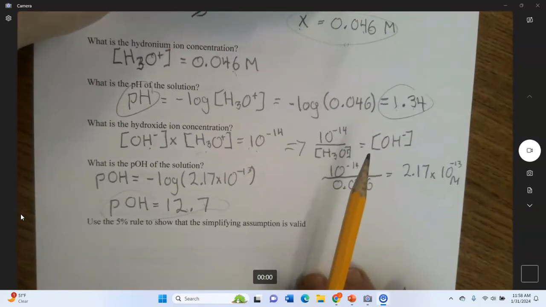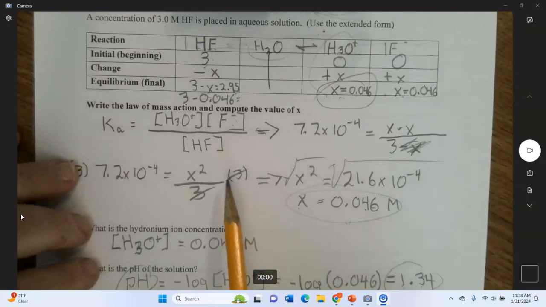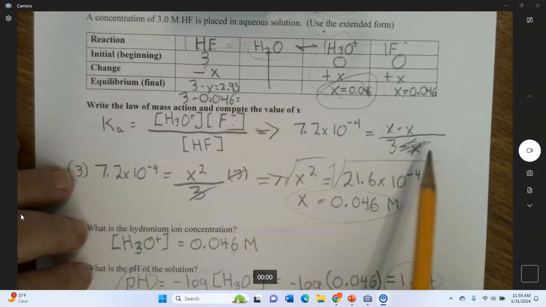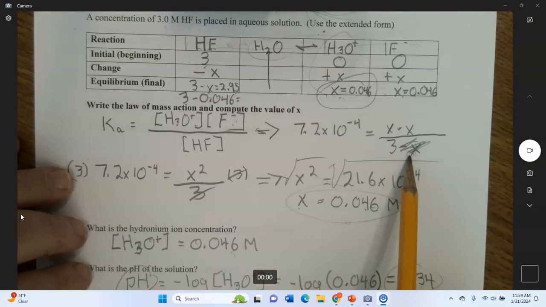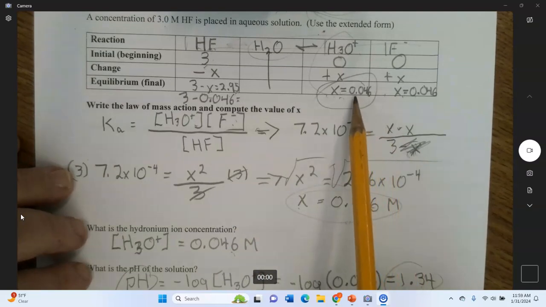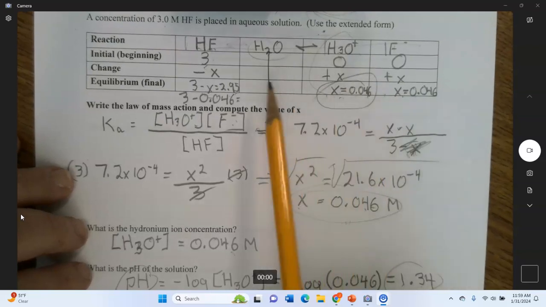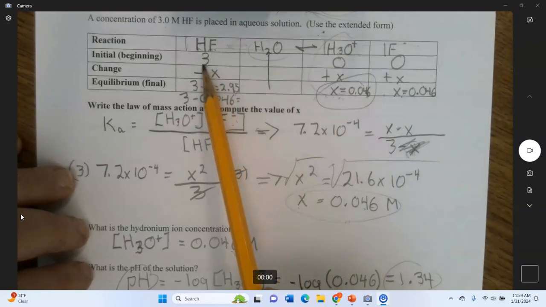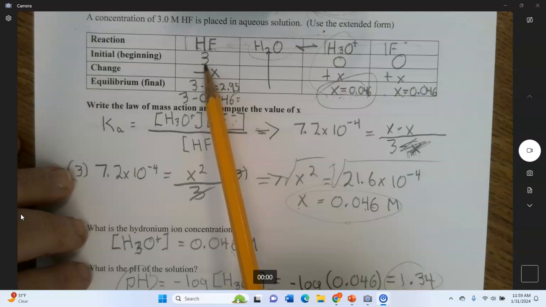Okay, now we're going to justify that eliminating the x right here is justified. So we're going to use the 5% rule. What you do is you take your value of x, which is 0.046, as a percentage of the initial concentration of the acid, 3.